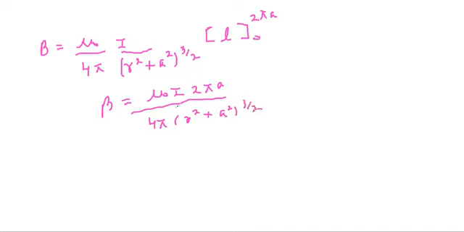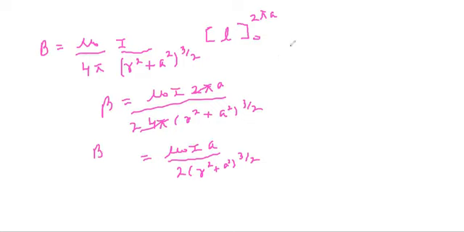You can cancel the 2 pi, and the 4 pi becomes 2. So the formula would be mu naught I a square over 2 (r square plus a square) to the power 3 by 2. This is the value of the magnetic field due to a current carrying circular coil at its axis.